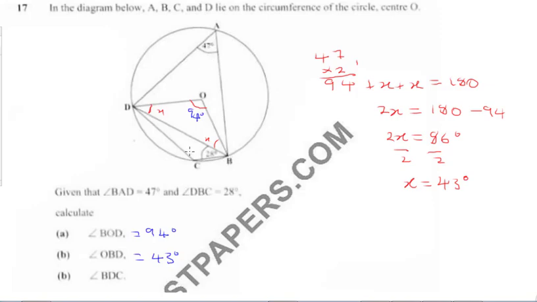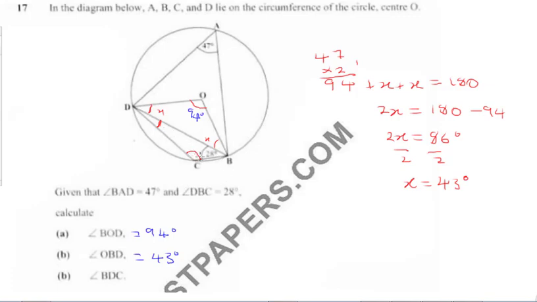So this angle is opposite that angle, and this angle is opposite that angle. We've been asked to find angle BDC, so you can find this angle first. Once we find it, we have a triangle BDC, and we can use the principle of angles in a triangle to find the angle at D.